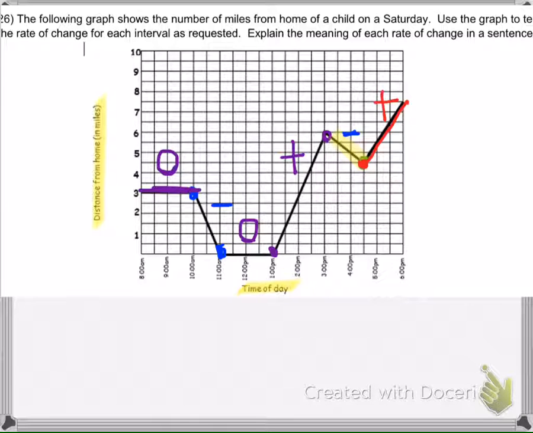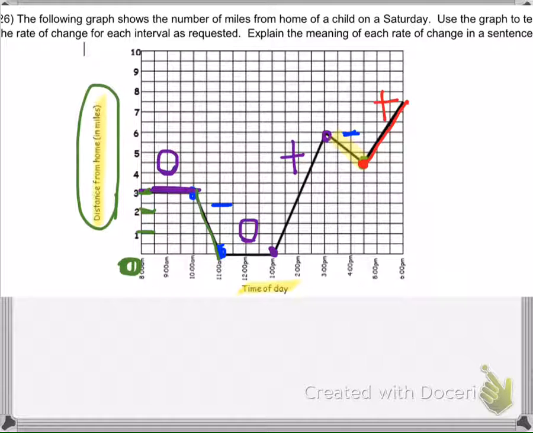So it asks us to explain what the rate of change is. We're going to need to explain what the positive and the negative rate of change mean. In this problem, the graph goes down because the distance from home is decreasing, he's getting closer to home. This represents his house right here, and this is how far: 1 mile away, 2 miles away from home.